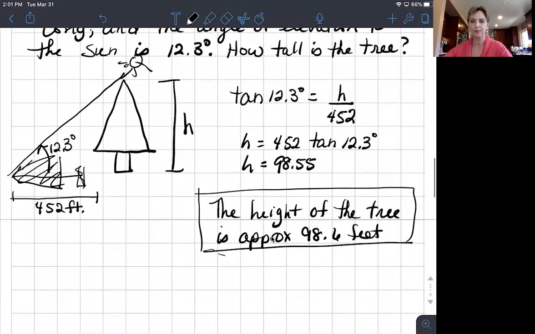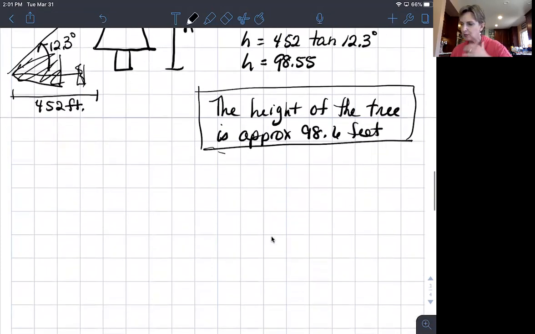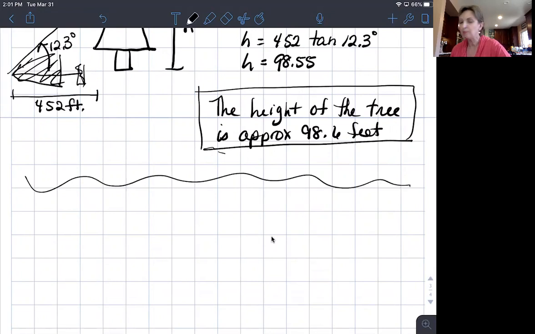All right. We just have one more thing I need to talk to you about today. And that's, what if we're not solving for a side, but instead we're solving for an angle? How do we do that exactly? It's a little different how we use our calculator. So let's just combine that with an application problem.